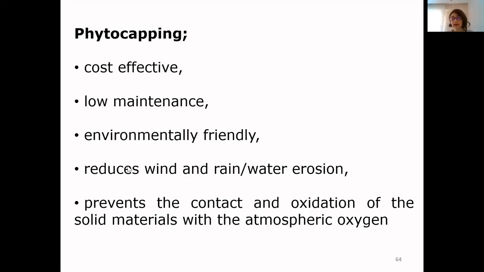And here on Tuesday, there was a question about the treatment of acid mine drainage. Maybe this one can be one of the answers to treat the acid mine drainage, because we prevent the metals from the oxygen and air and also water.